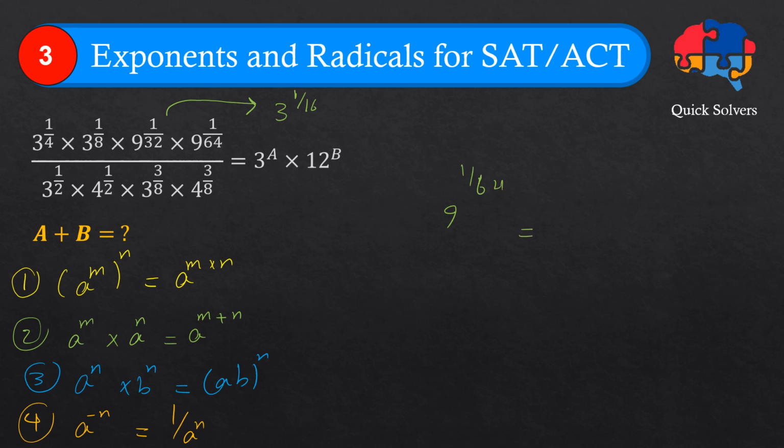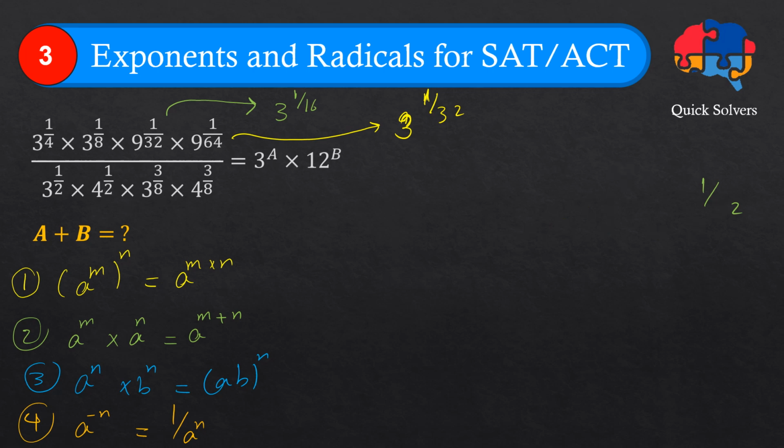I can write it as 3 to the power of 2 to the power of 1 over 64. And this equals 3 to the power of 1 over 32. So I will replace this by 3 to the power of 1 over 32. Okay. So let's get rid of this.